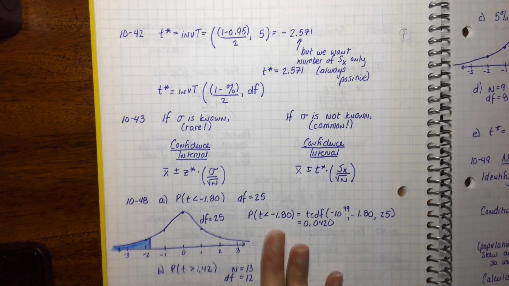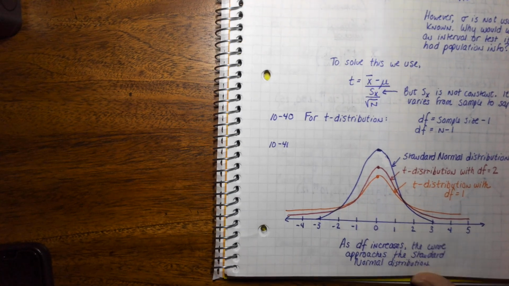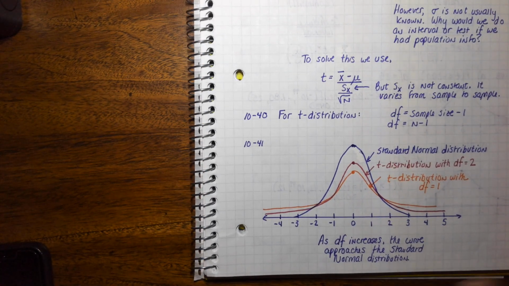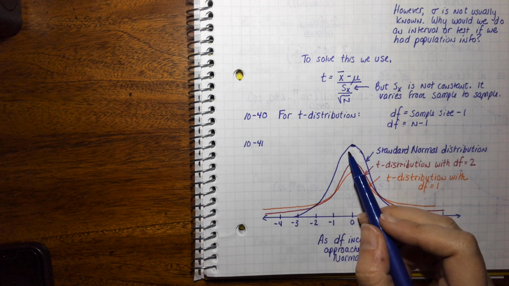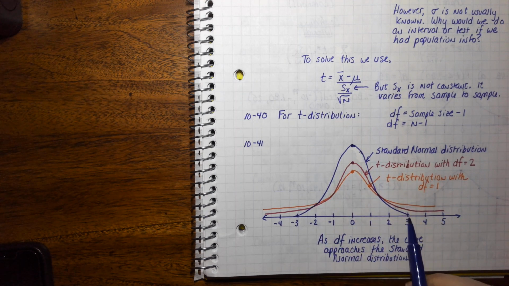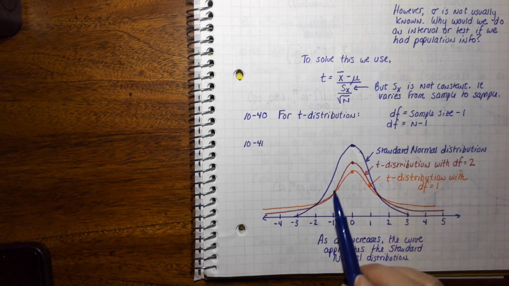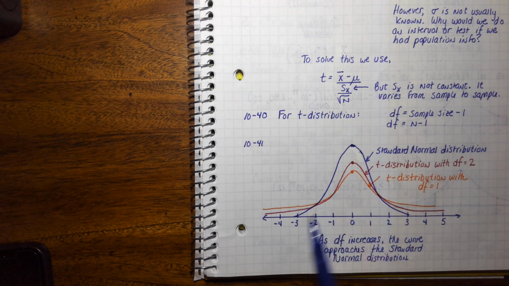Let me show you the beautiful picture we made, 10-41. The standard normal distribution is on the top. Notice it is higher, comes down, and touches here. The t-distribution with degrees of freedom 2 is somewhere in the middle, and degrees of freedom 1 below it.